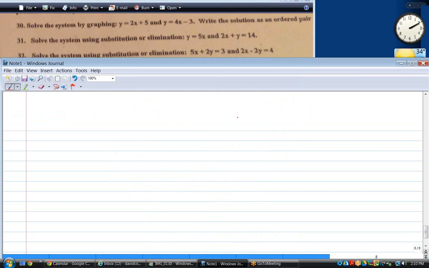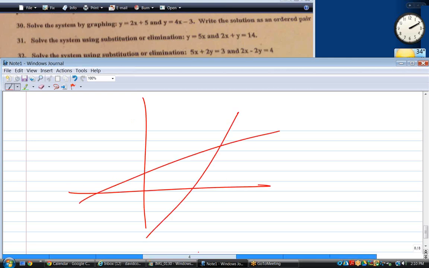Just describe it to me. You just graph both lines. And what's the solution? Where they cross. Right. That's the key thing. In other words, if I have two lines, the solution is where they cross. Whatever the x and y coordinate are at that point, that's the answer.